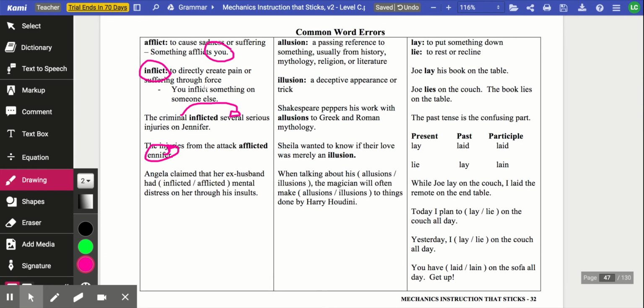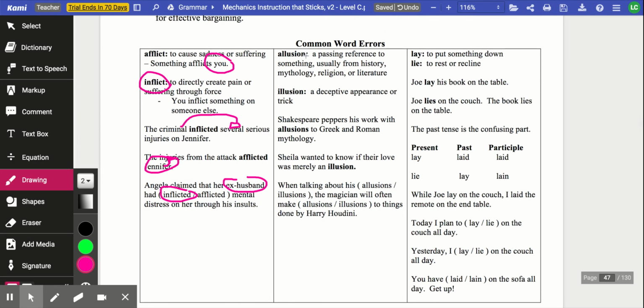So is she causing, or is he causing this pain? Okay, or is the pain being caused to her? Okay, so Angela claimed that her ex-husband had, right, caused, inflicted. He is the cause of this mental distress. Okay.